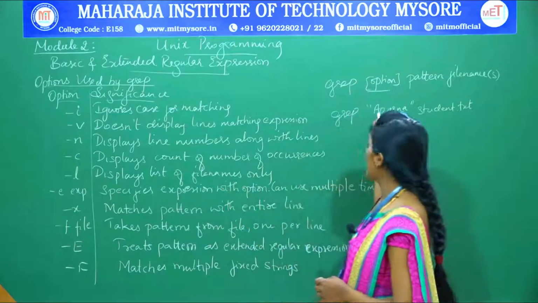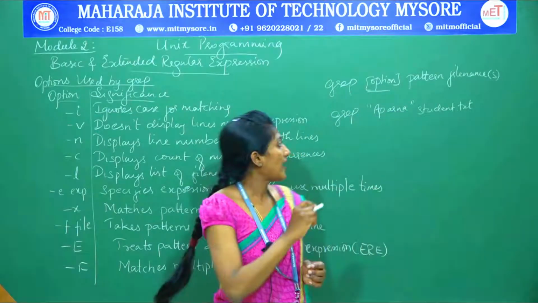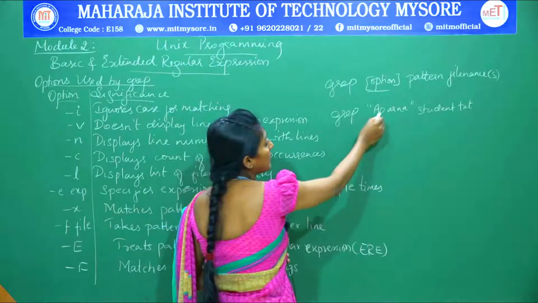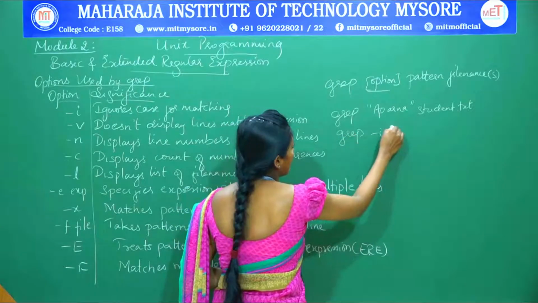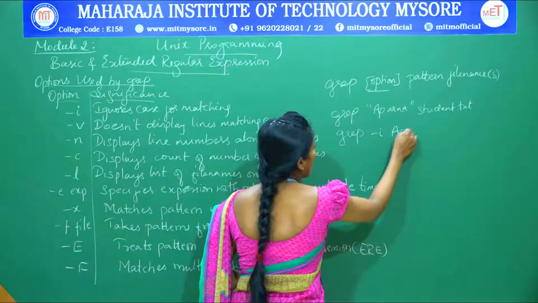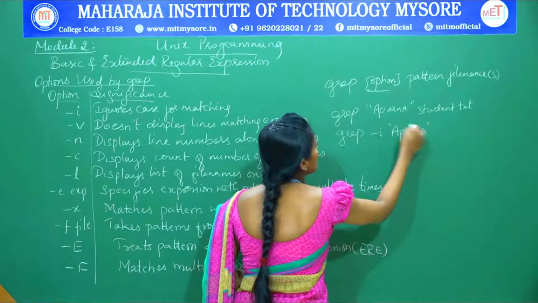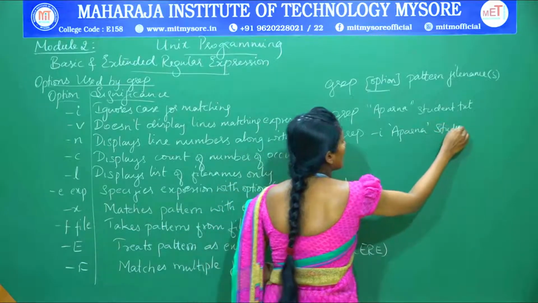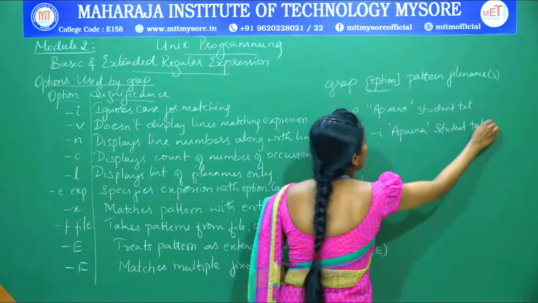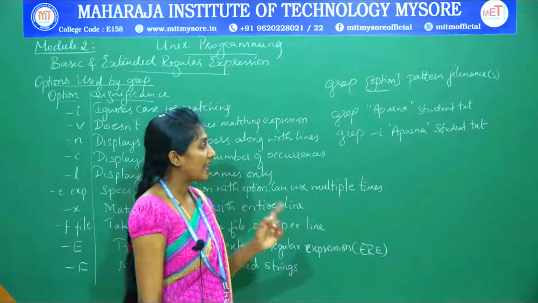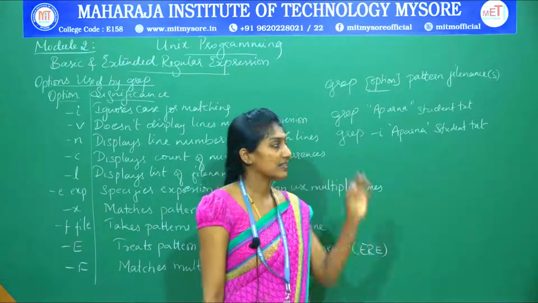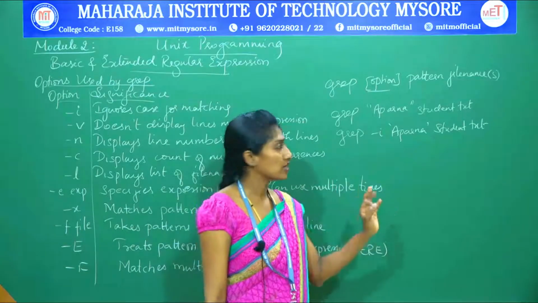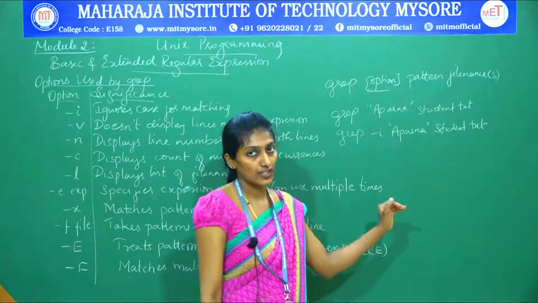Let me consider this pattern itself here: grep -i Aparna student.txt. If I have given grep with the -i option followed by a pattern, then from the student.txt file it is just going to ignore the case within the pattern I have given, whether it is a small letter or a capital letter, and it is going to search for the pattern.